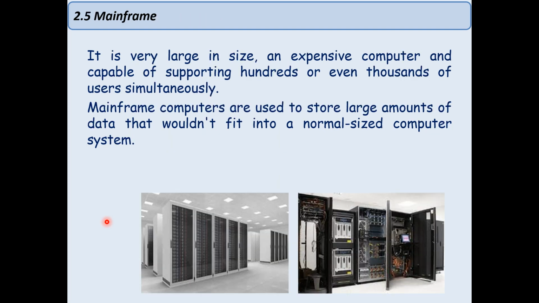The third type of computers are mainframes. Mainframes are very large in size and very expensive, but the most important advantage of them is that they can support millions of users simultaneously. They also have a very high capacity of storage.